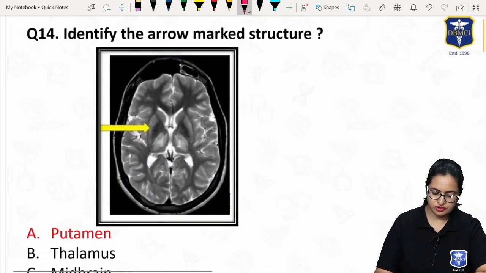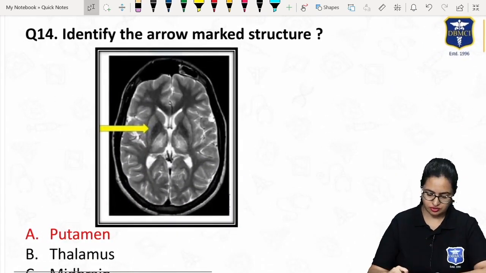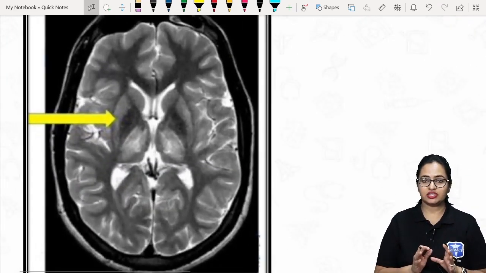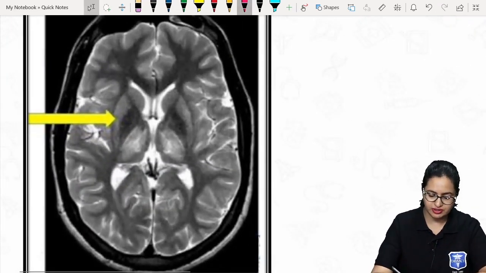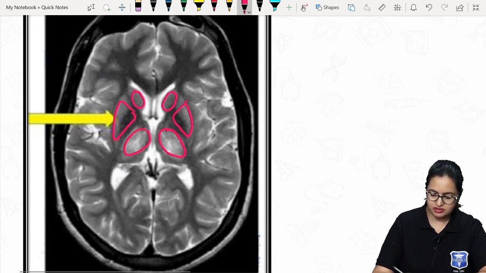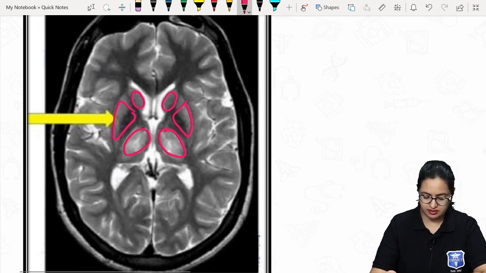Okay, now coming to this question, it says identify the arrow marked structure over here. We have to identify the collection of nuclei present over here. I will just draw the various nuclei. These are the 3 nuclei which we need to identify.